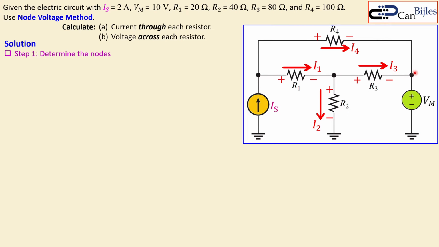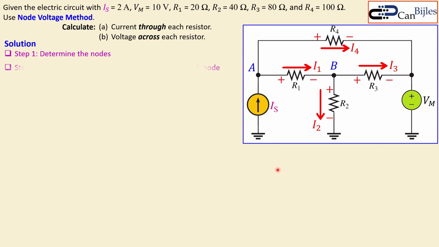And there's also a node there, but we know what the voltage there is. That's Vm, which is 10 volts, so that is not really a necessary node to designate here. So you only pick the nodes where you don't know the voltages yet. So we have only 2 nodes, so we can name them A and B, or X and Y, whichever you prefer. I just picked, in this case, A and B as the names for the nodes.